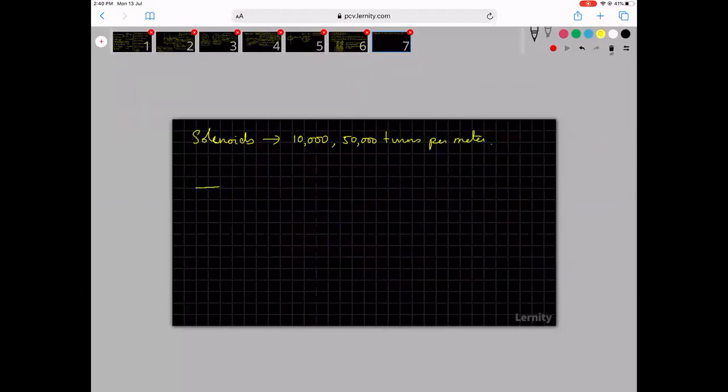When I am drawing them with some distance, in reality they will be like this, superimposing, there will be lots of turns. Here I am explaining 50,000 turns per meter, 10,000 turns per meter, 1 lakh turns per meter.